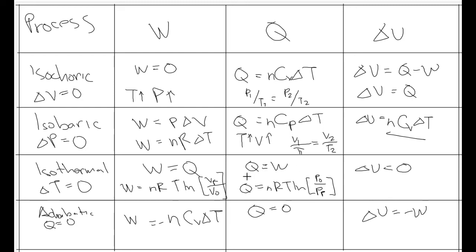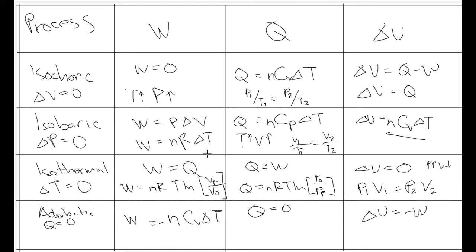So what happens to our pressure and volume if temperature is constant? We can rewrite that into this equation. So P1 V1 is equals to P2 V2, or when our pressure increases, our volume decreases, or vice versa.